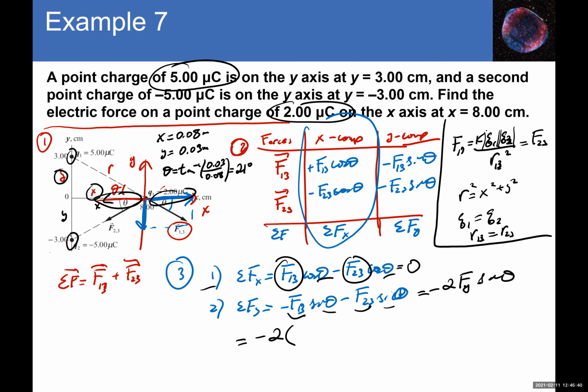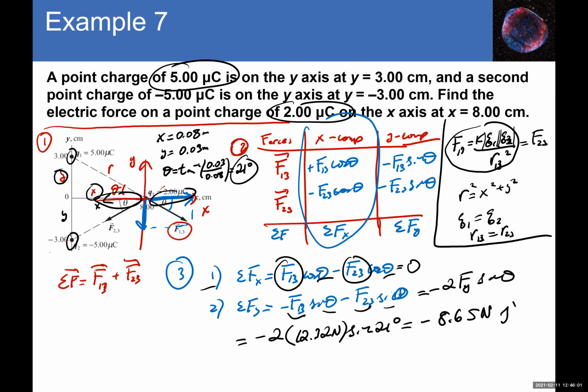So if I plug into this calculation, I get 12.32 newtons, then sine of about 21 degrees, plug in everything, and I get negative 8.65 newtons.